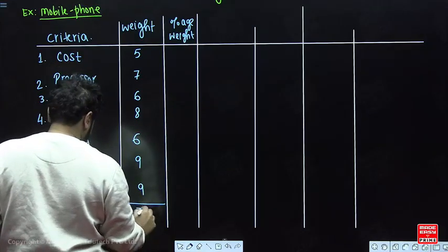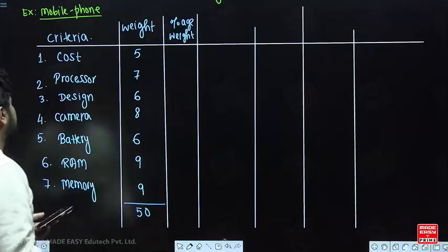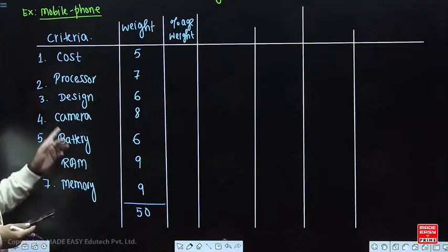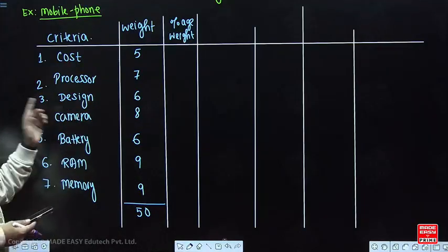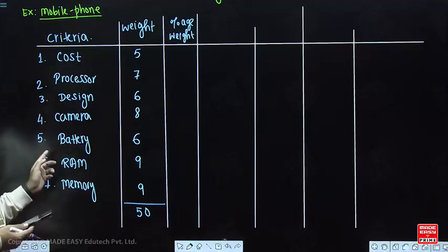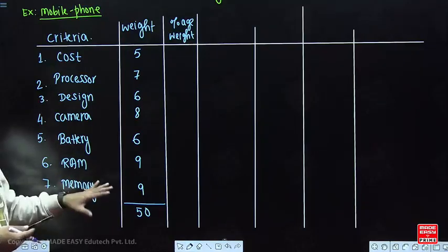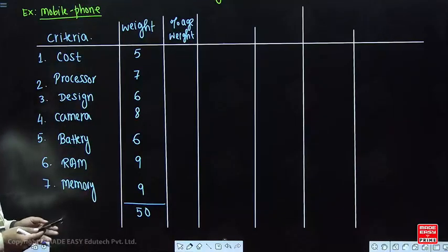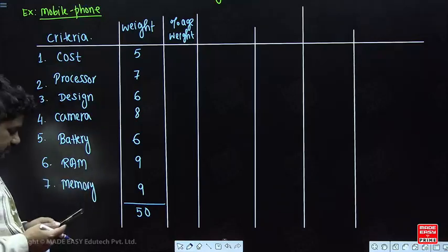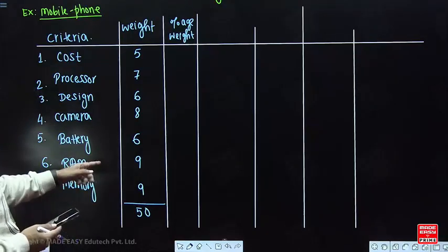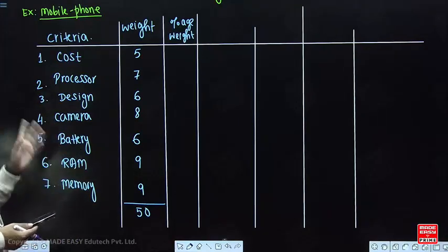So the total sum is 50. That means cost has been assigned a weight of 5, processor 7, design 6, camera 8. More weightage means it is the most important part. The most important in the phone are memory and RAM, then camera, and so on.